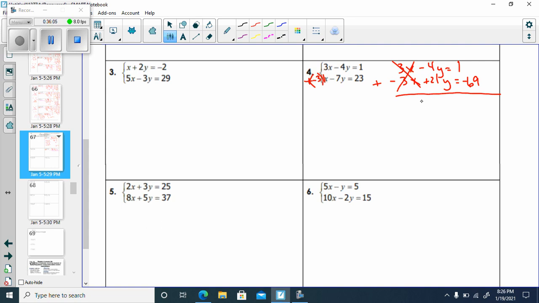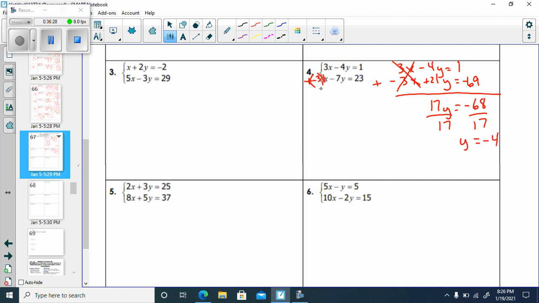And if you simply find the difference between those two, you've got 17y is equal to 1 plus -69, that's -68. Divide both sides by 17. And you get y is -4.